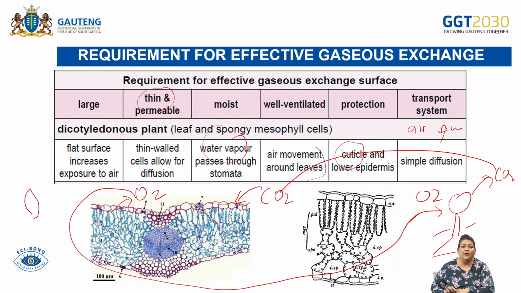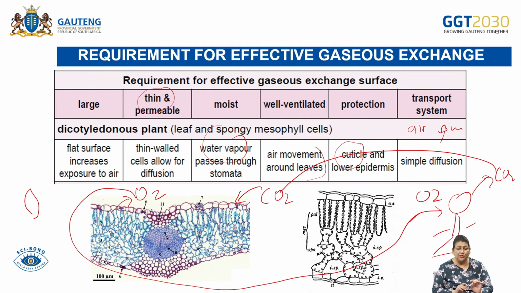Okay, so that is how leaves are suited by the 5 requirements. Large surface area: dorsiventrally flattened. Thin: the leaves are flattened from top to bottom, which means there are very few cells, and therefore it makes it thin for easy diffusion of gases. Then the cuticle and the epidermis protect it.